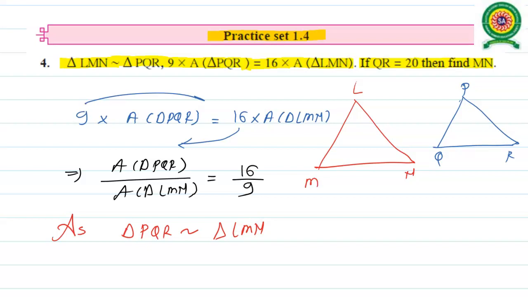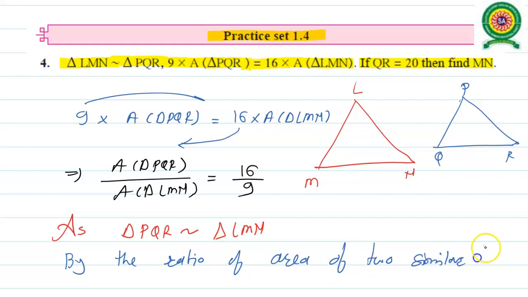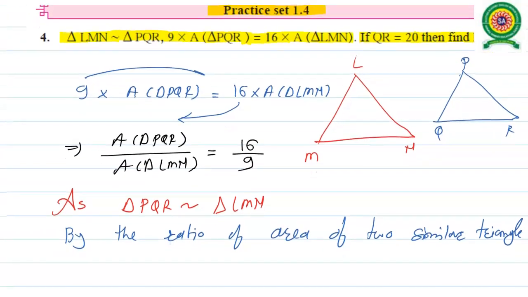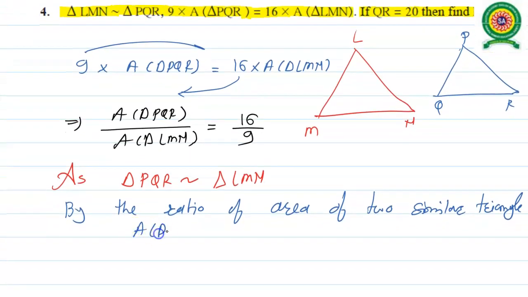Once the triangles are similar, by the ratio of areas of two similar triangles, we can write area of triangle PQR divided by area of triangle LMN equals the ratio of squares of their corresponding sides.